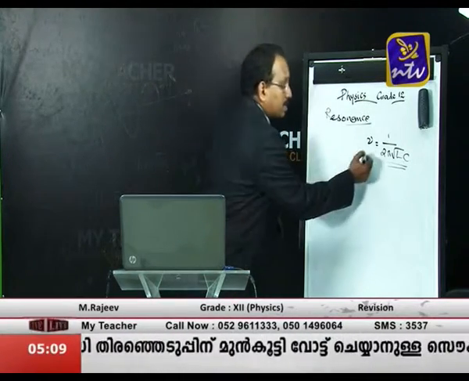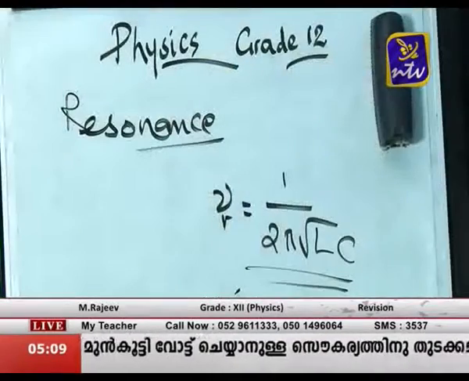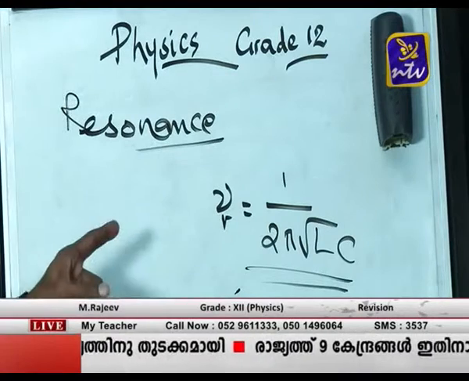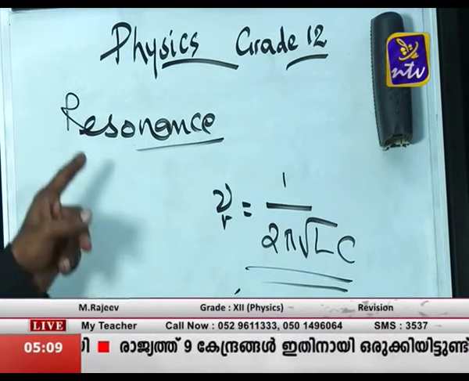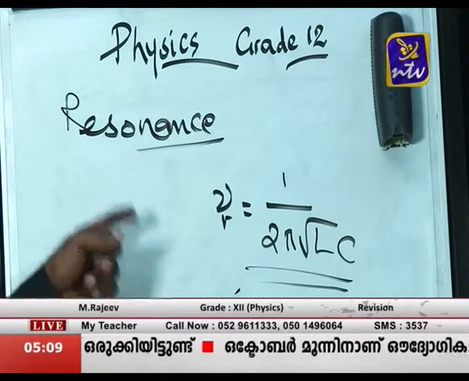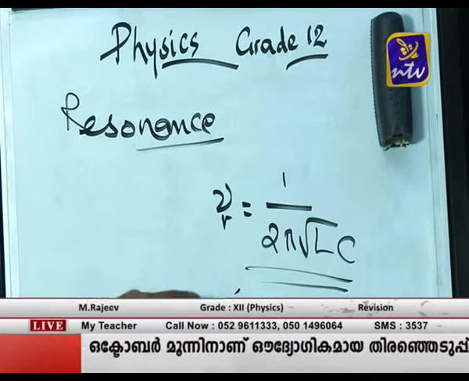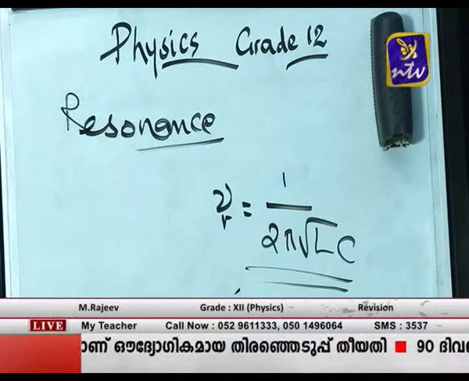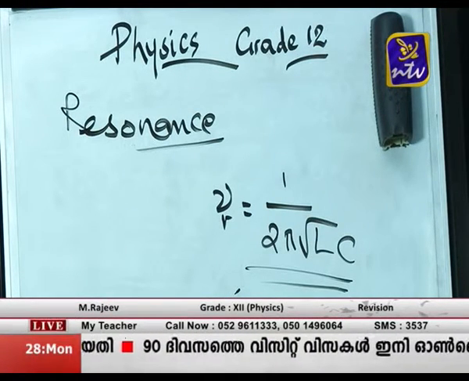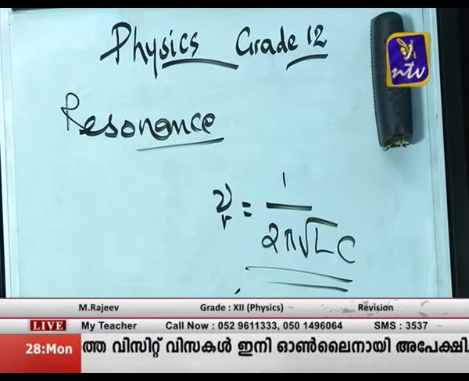We call that the resonant frequency, nu R. So when I write nu R equal to 1 by 2 pi root of LC, it means this is the frequency which we are supplying to the circuit, the same as its own natural frequency. So it is at resonance. This is the condition for resonance.